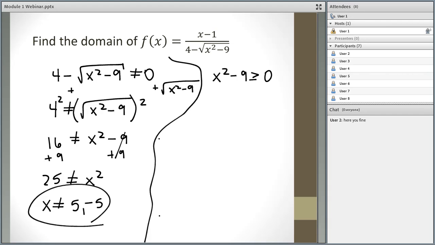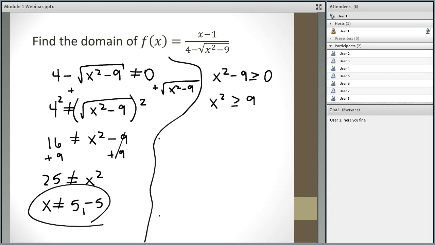And even though I have this in the denominator of a fraction, it's not the only term, so it can be 0, because if it was, we'd have 4 minus 0 in the denominator, and that's okay. We just can't have only a 0 in the denominator. So when I add the 9 over, I have x squared is greater than or equal to 9.